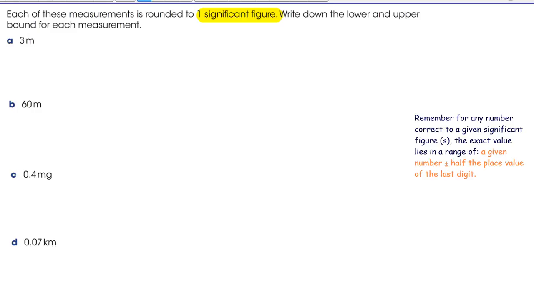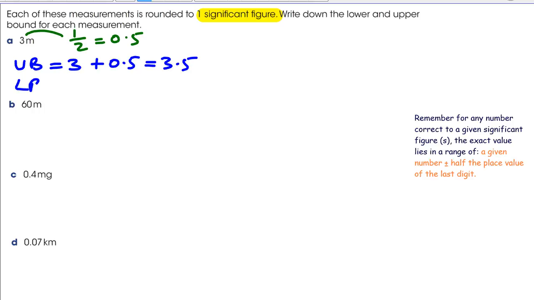Now, what I mean by that is the place value of 3 here is 1. So divide that by 2, you get 0.5. So the upper bound will be 3 plus 0.5, which will be 3.5. Lower bound will be 3 minus 0.5, which will be 2.5.